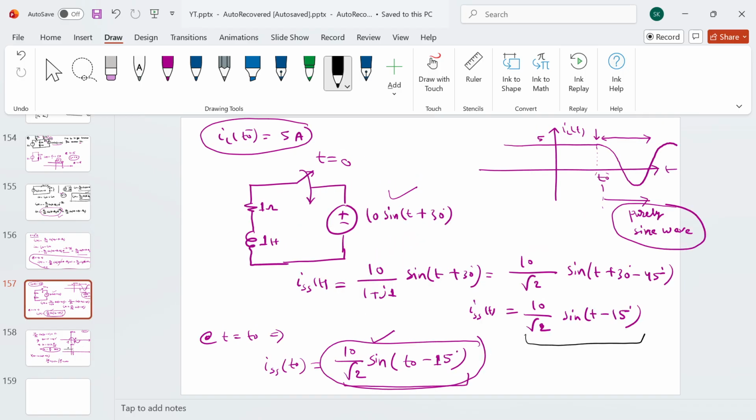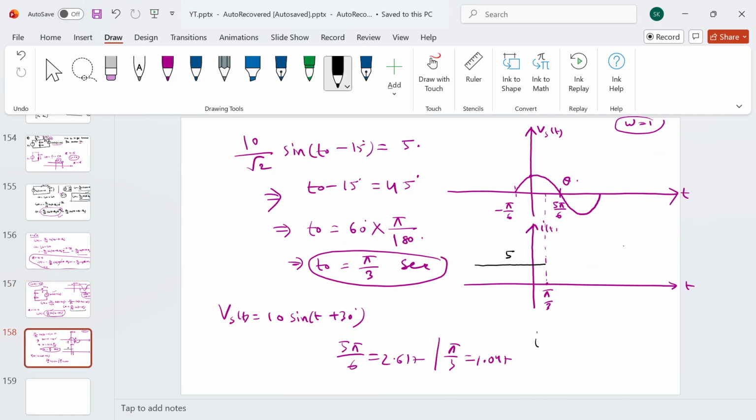So your current equation is 10 by root 2 sine(t minus 15 degree). So 15 degree means pi by 12, and the current is lagging. At omega t equal to 15 degree it will be 0.